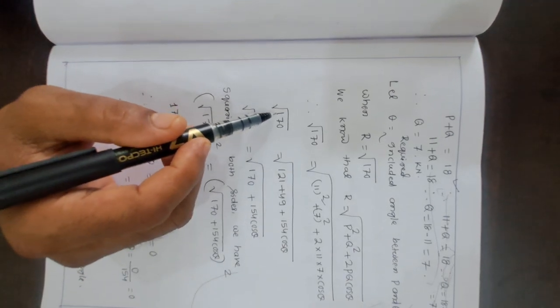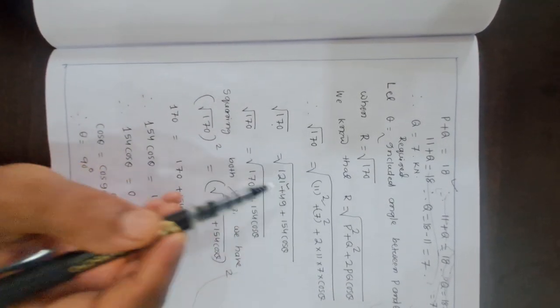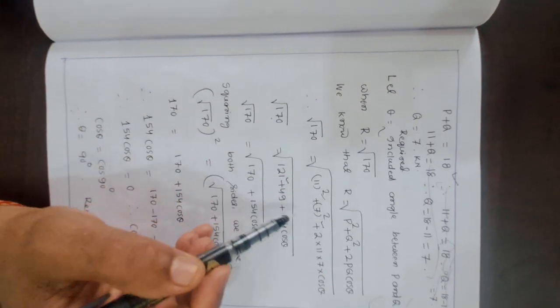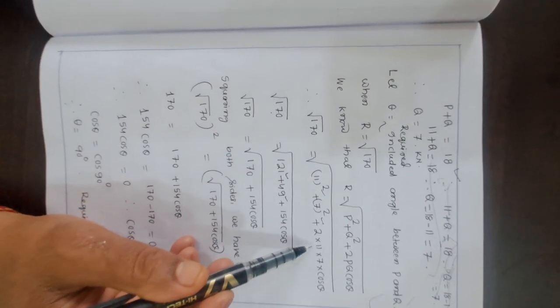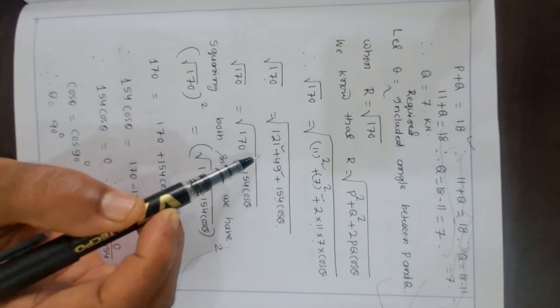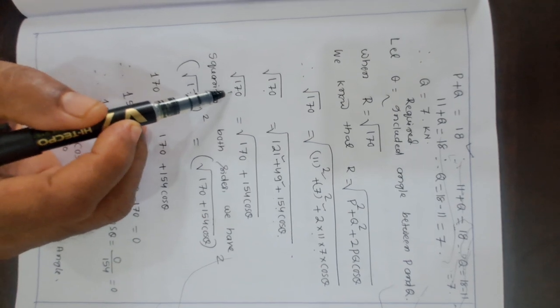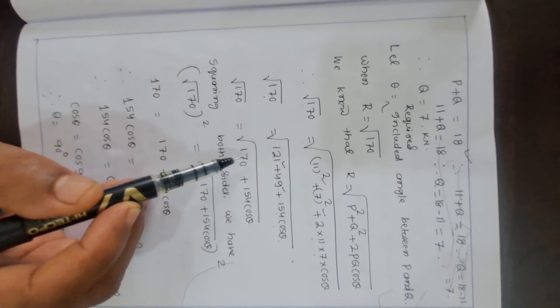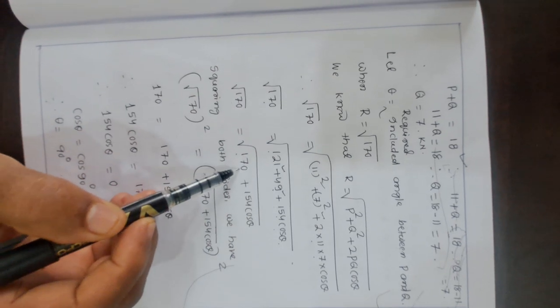Here, root over 170 is equal to root over 11 square, that is 121, plus 7 square, that is 49, plus 2 into 11 into 7, that is 154 cos theta. Or root over 170 is equal to root over 170 plus 154 cos theta, because 121 plus 49 is equal to 170.